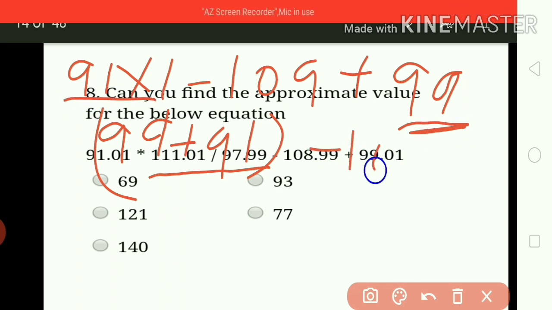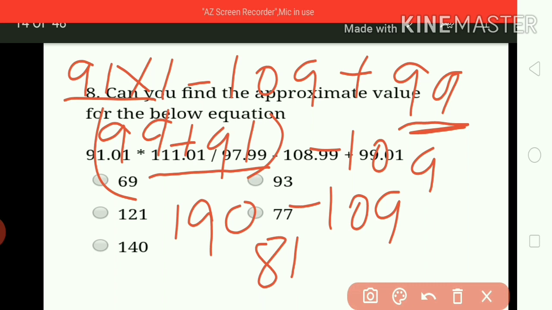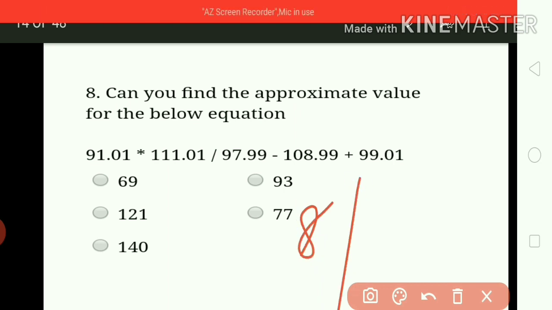When you add these two, you will get 190 minus 109. So the value will be 10 minus 9 is 1, 8 minus 0 is 8, right? So we get 81. So let us check the option. So in the options we have not given 81, maybe some misprinting is here. The right answer is 81, right?